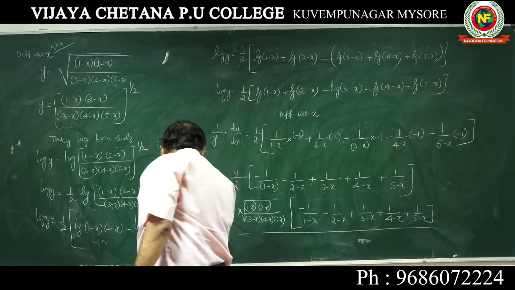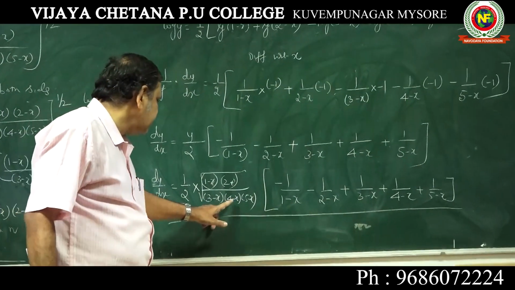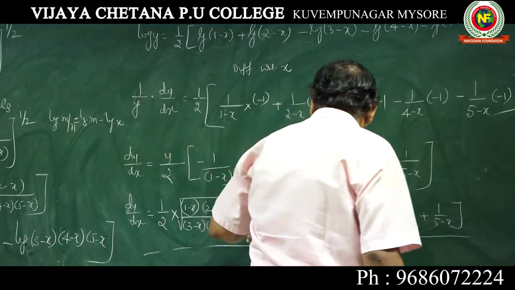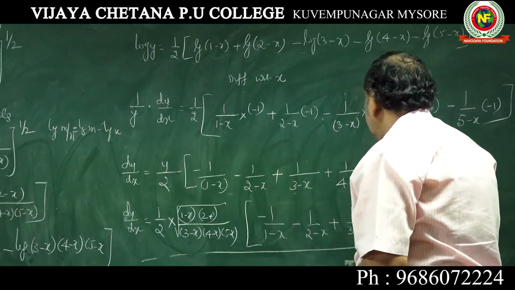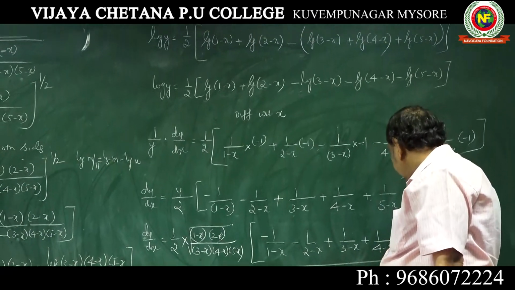The final answer is 1 by 2 root of (1 minus x)(2 minus x) over (3 minus x)(4 minus x)(5 minus x), into minus 1 by 1 minus x minus 1 by 2 minus x plus 1 by 3 minus x, 4 minus x, 5 minus x.